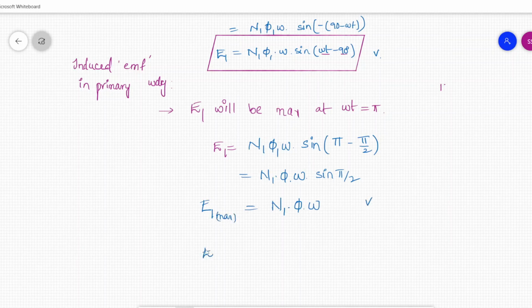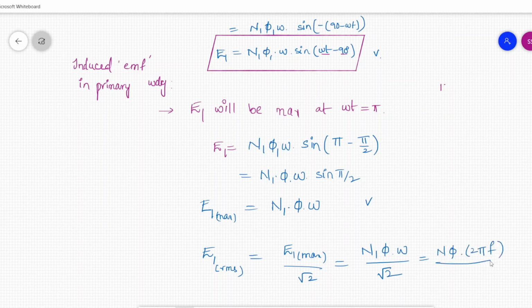But we need the RMS value. RMS can be obtained from the maximum value by dividing by root 2, which we already know, right? E max by root 2, that is N1 phi 1 omega by root 2. We know that omega equal to 2 pi f, so N1 phi 1 into 2 pi f by root 2.